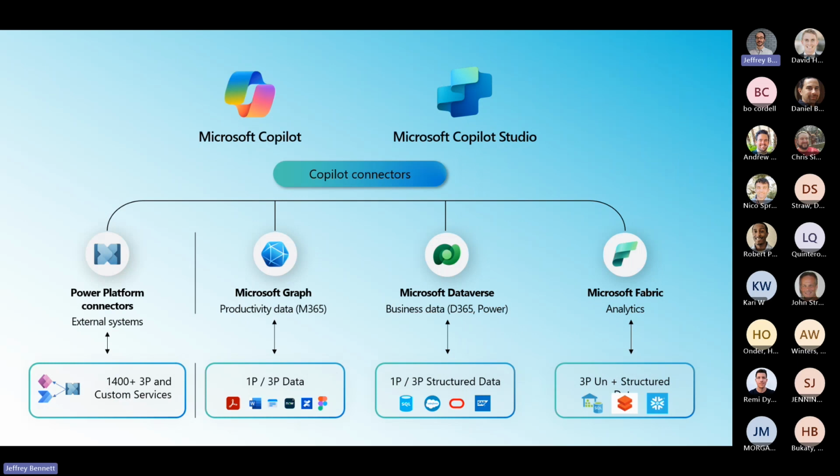It will bring together the Microsoft Graph and Power Platform connectors, AI skills in Microsoft Fabric, which is still in private preview, and Microsoft Dataverse together to make the process of grounding Copilots in first and third-party line of business data a wizard-based experience that's configured through Copilot Studio.